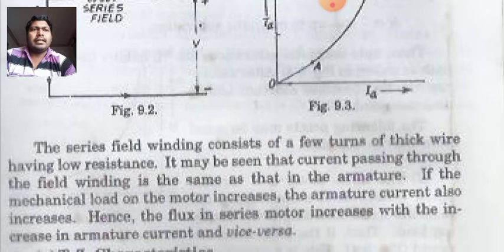It may be seen that the current passing through the field winding is the same as that in the armature. If the mechanical load of the motor increases, the armature current also increases. Hence, the flux in a series motor increases with the increase in armature current, and vice versa also.